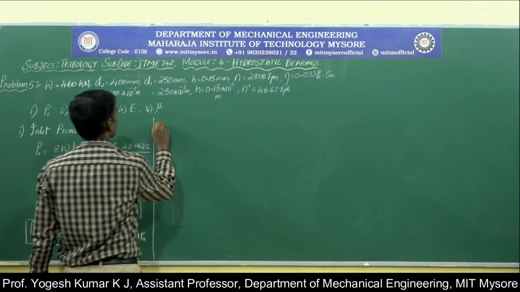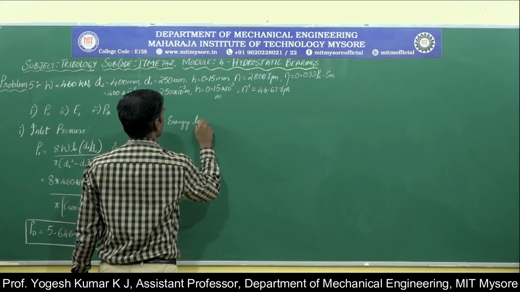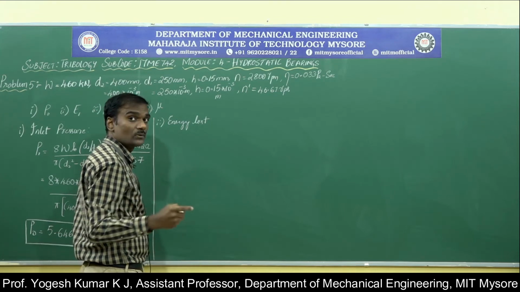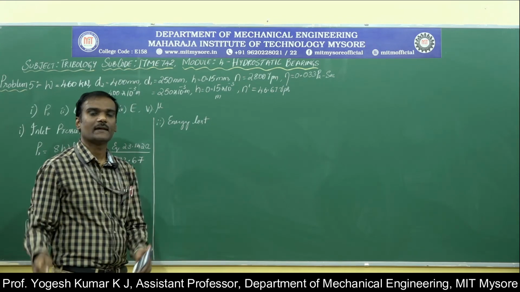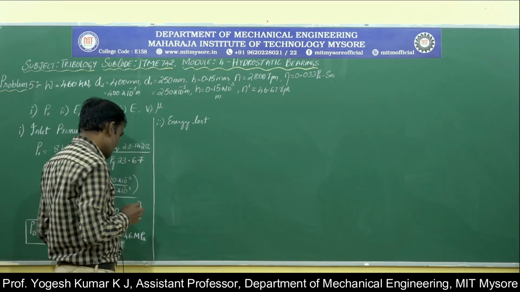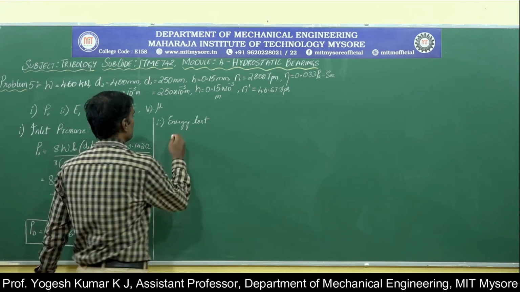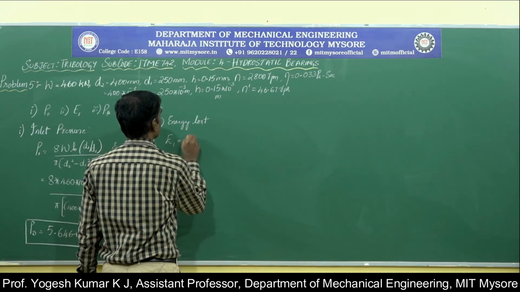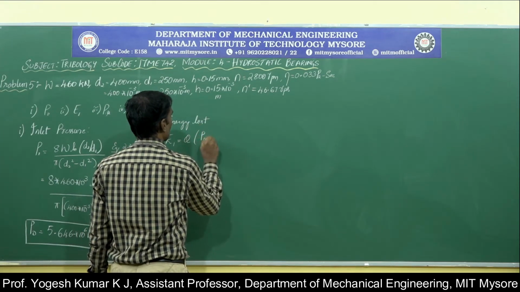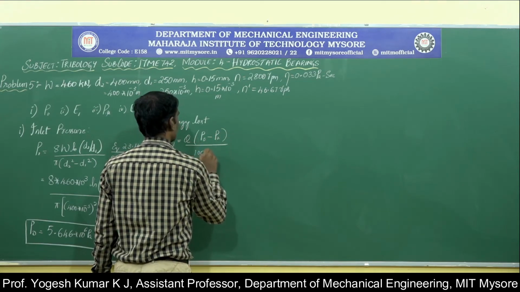Then the second sub question is energy lost due to pumping. We need to pump the fluid inside the bearing chamber from an outside source with the given supply pressure. So the energy lost to pump that fluid is E1 equals Q, the flow rate, times supply pressure minus the external pressure, divided by 1000.